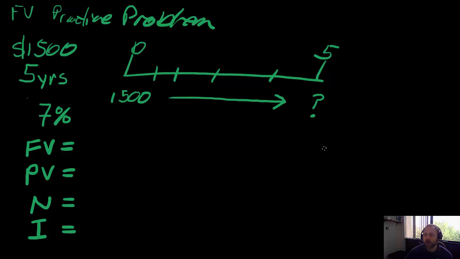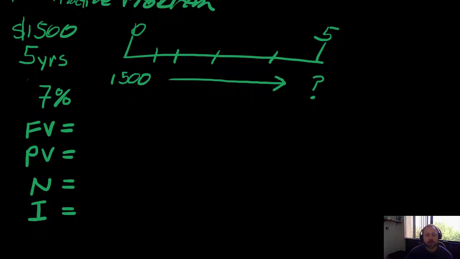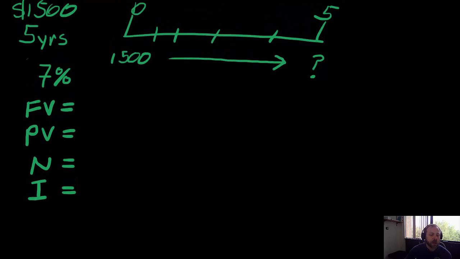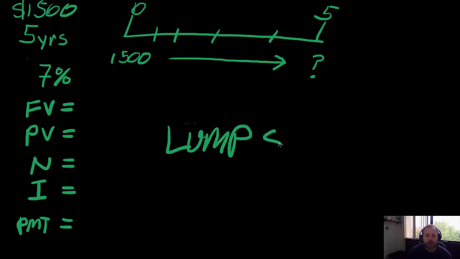Most of the time, I'm also going to include the word payments to figure out what my payments are, but this is a simple lump sum value problem. That means I make a single investment and do nothing additional after that.